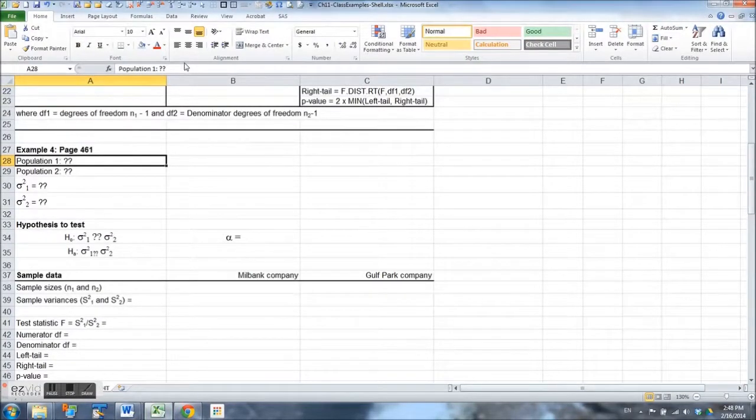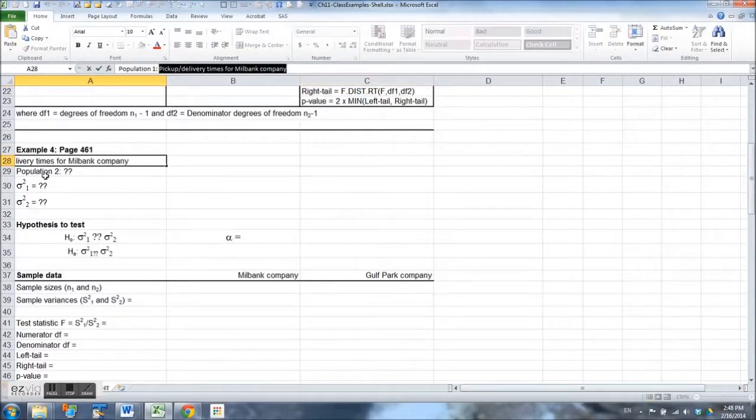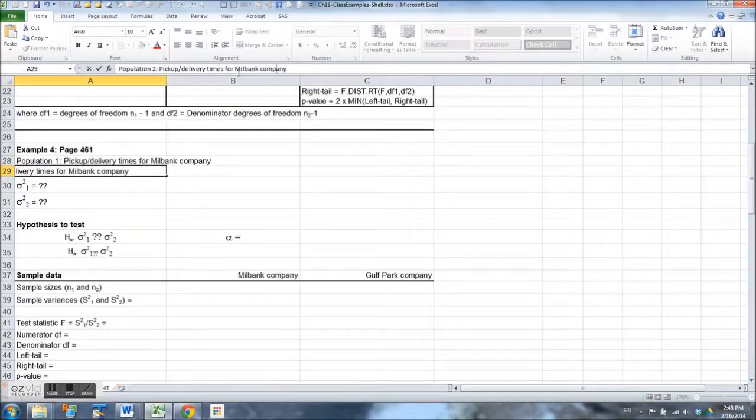So population 1 here is the pickup delivery times for Millbank Company, and population 2 will be pickup delivery times for Gulf Park Company.